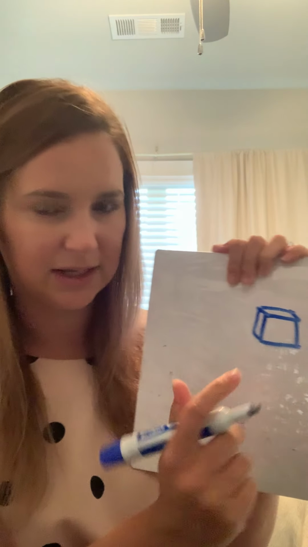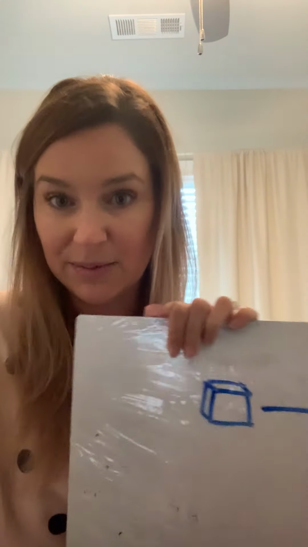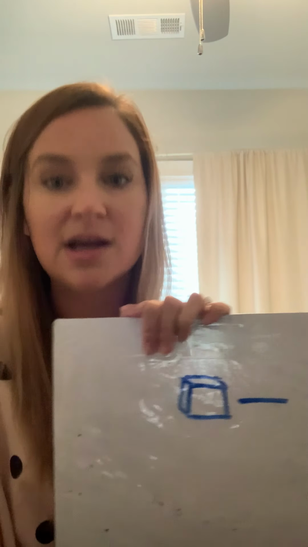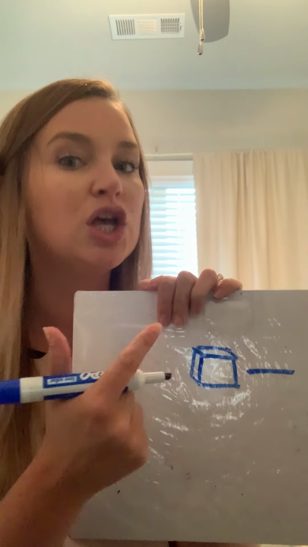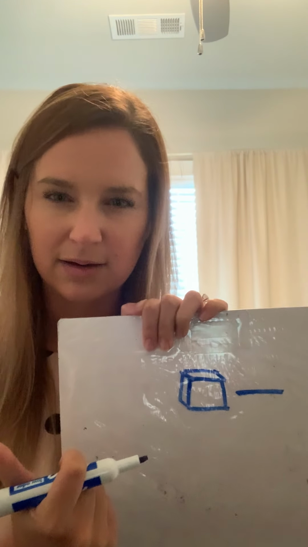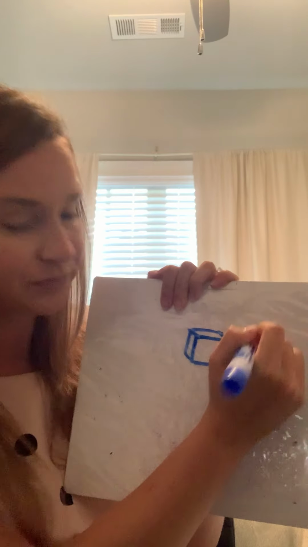All right, so there is my cube. Best I can, not perfect, that's okay. But now we're going to write a label. This label will help our readers to know what our picture is if they didn't just know by looking at it. So I'm going to stretch out the word cube. Ready? Cube. K-U-B. Cube. Okay, the first sound, cube. K. Could be a C or a K. I'm going to go with a C for this one.